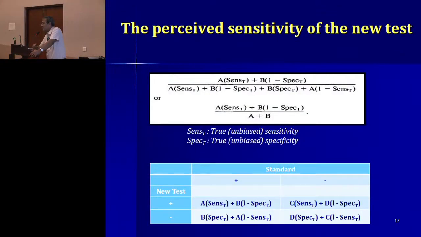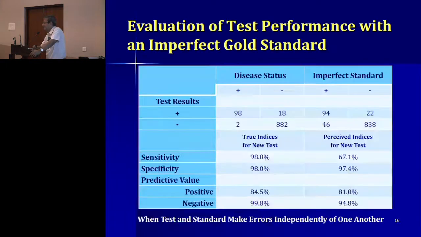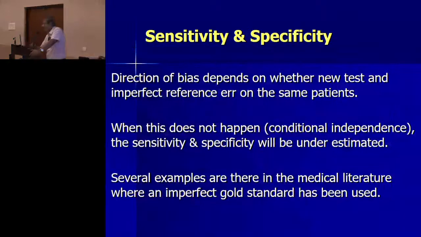So the perceived sensitivity, yes. Previously you talked about conditional independence. Can you please explain it? See, either the new test and the reference standard may make the mistake in the same patients, or it will be totally different. So we are assuming that they are totally different.